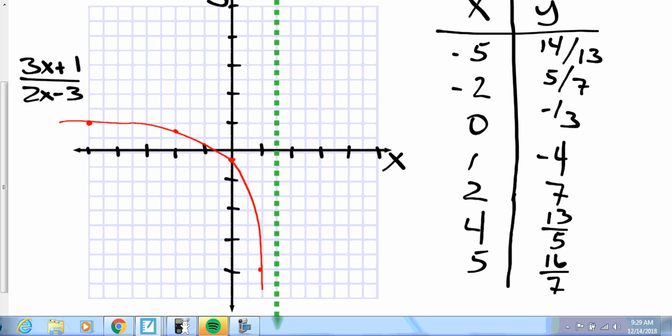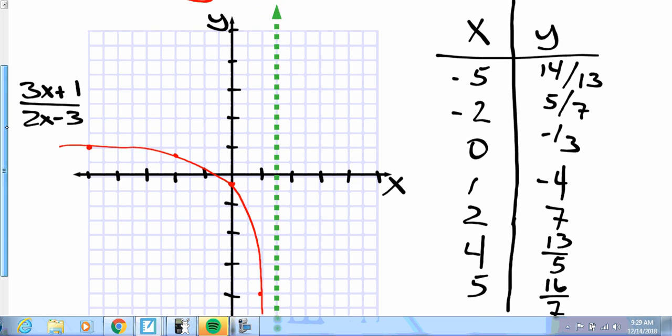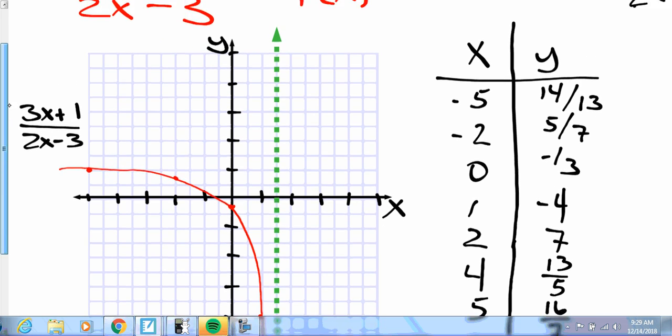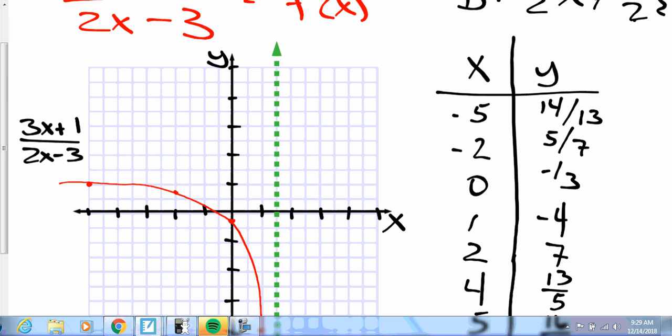Okay, so now let's put those dots in. When x equals 2, it's positive 7, so it's way the heck up here, right? We'll call 7 like right there. That's 3, that's 4. 4 is 13 fifths, which is between 2.5 and 3, right? Or we said 2.5, right?